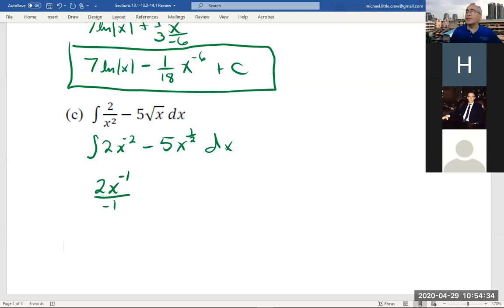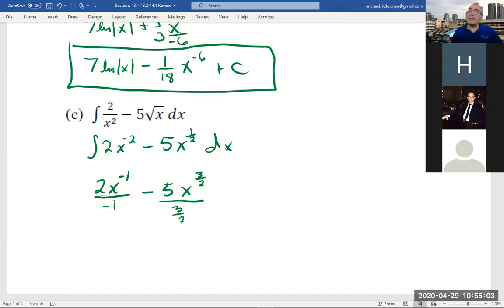Give myself a little more room. This one, we'll have the negative coming down, 5. Add 1 to this exponent, or 2 over 2, right? 2 over 2, so you're going to have 3/2 as your new exponent. So we divide by that new exponent. And this might be the one that's a little challenging on simplifying.